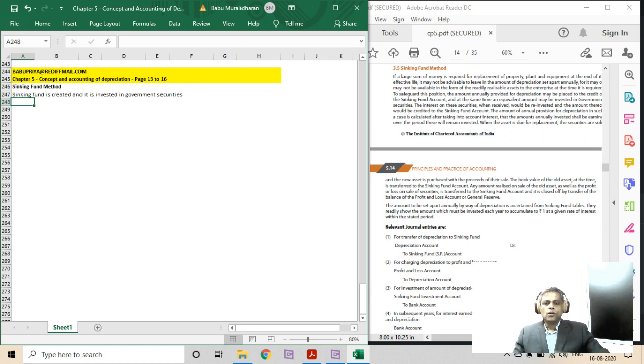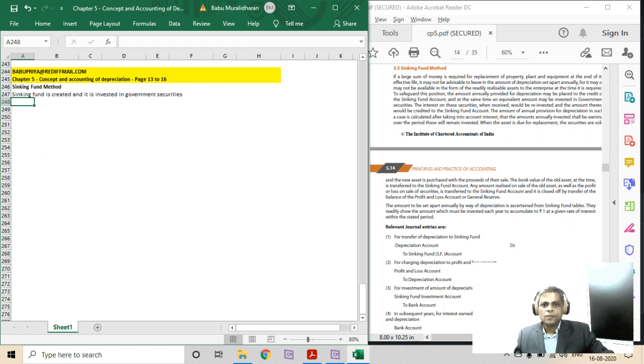So there's a depreciation of 100 rupees, and that is invested in government securities. The government security will earn interest of around 10 rupees at the end of the year. So next year, along with the next year's depreciation, the interest earned on the investment is also invested in the government securities, right?